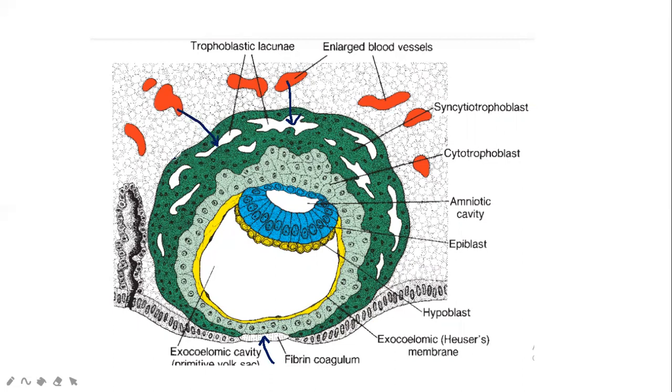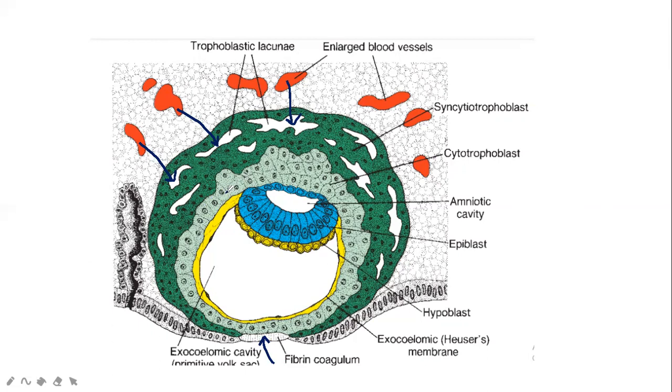But we won't see the lacunae within the cytotrophoblast, so that still creates the barrier over there.